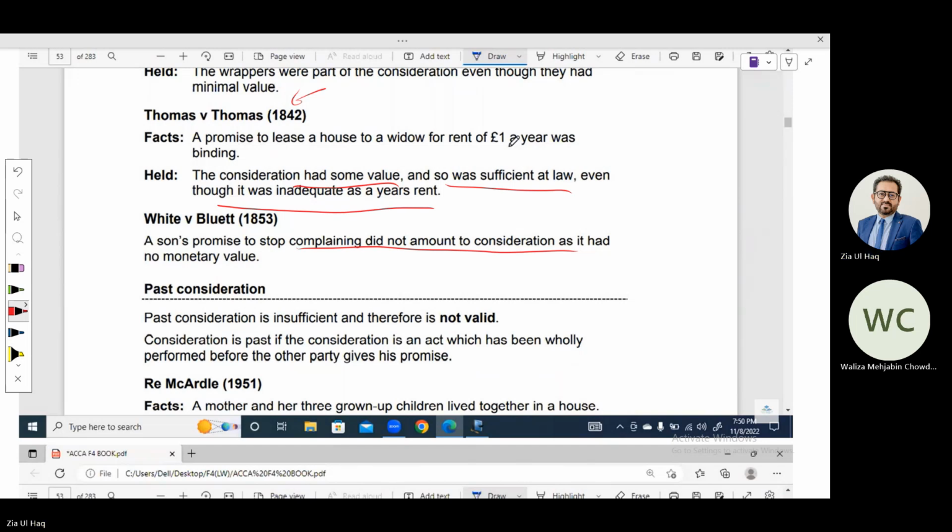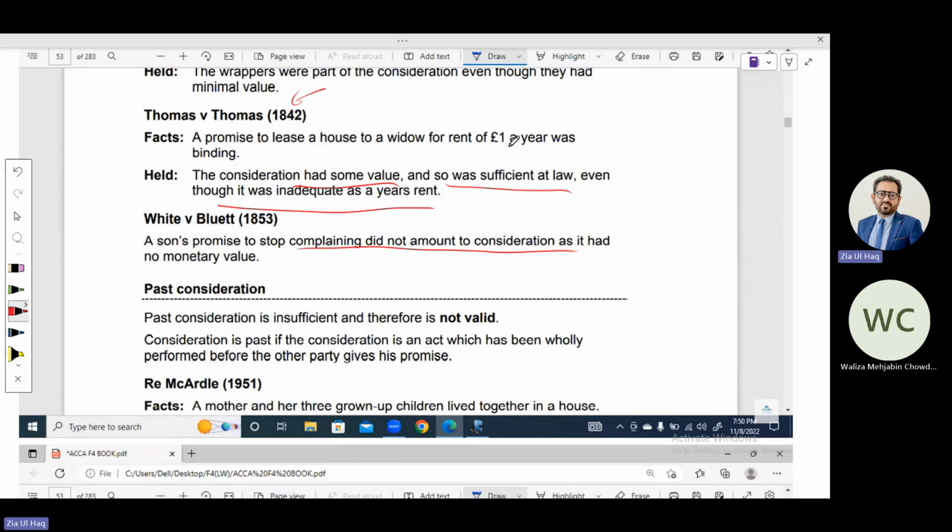And the son didn't complain about father's behavior and claimed that amount, and father denied. There was no consideration. Why? Because the son's act of not complaining is not of any amount, is not of sufficient consideration.